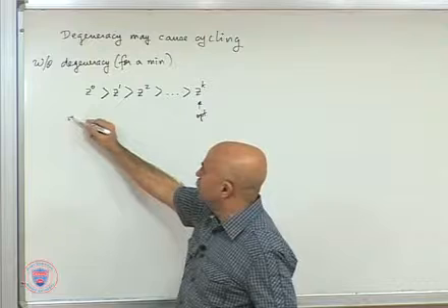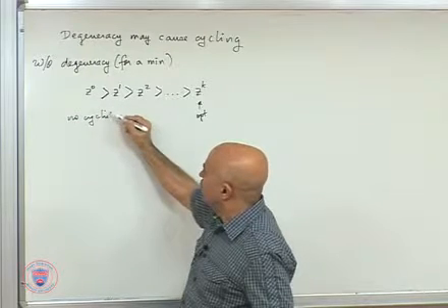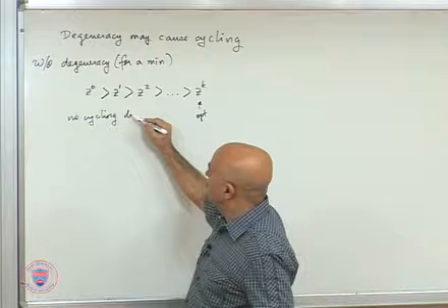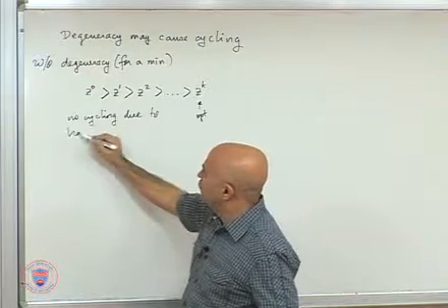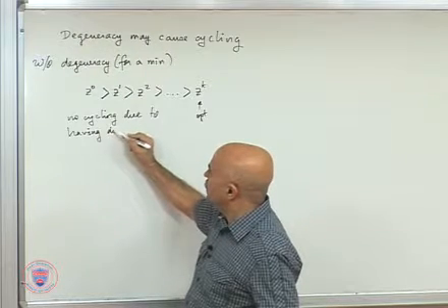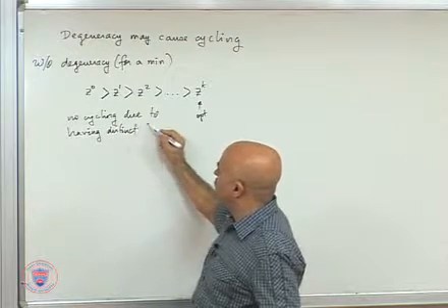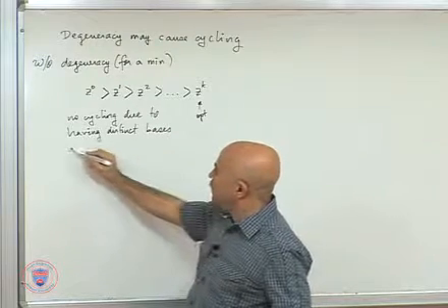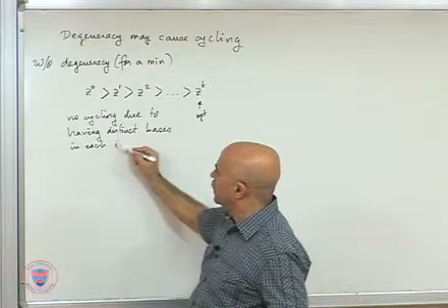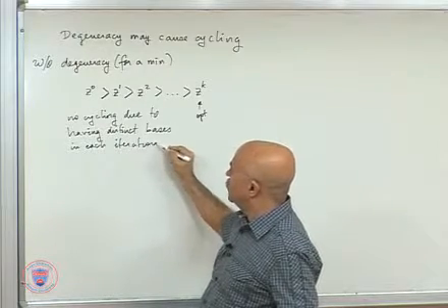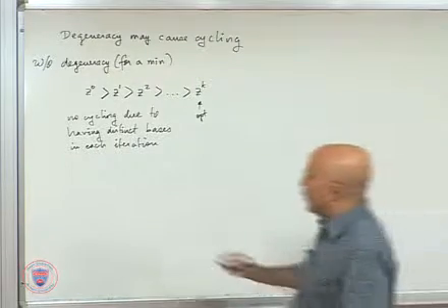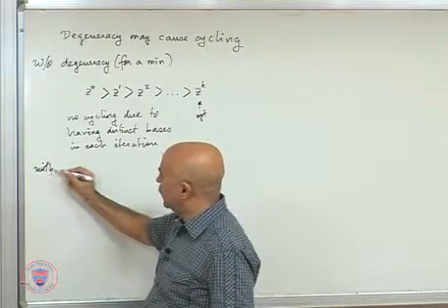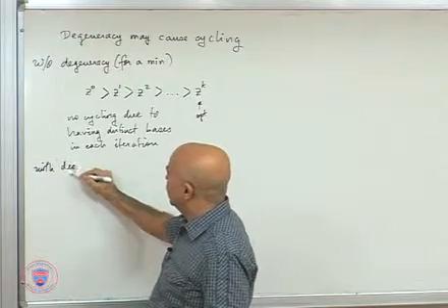So for that reason, no cycling can occur here, due to having distinct bases in each iteration. No basis matrix is visited twice. Now, with degeneracy, that's really not the case all the time.